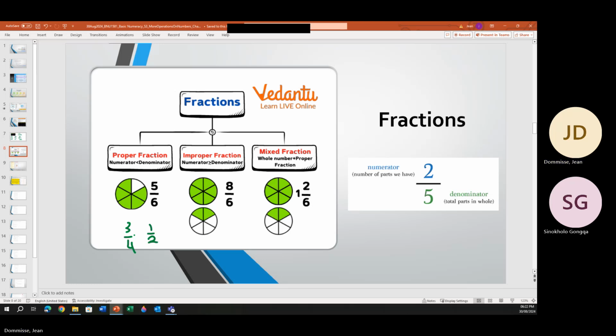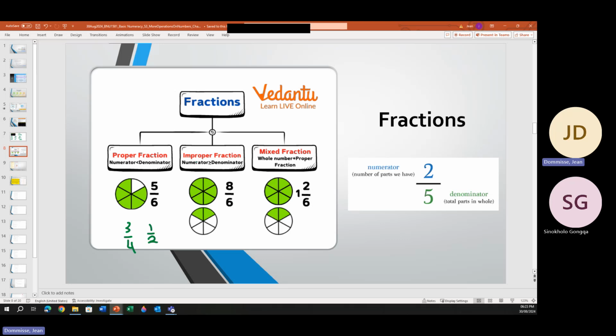And how I remember it, nearly, is that a proper fraction is how I like to call it a normal fraction. It is a smaller number at the top, a bigger number at the bottom, and it is one fraction. An improper fraction is when your number at the top is bigger than your number at the bottom, so that there is more than one, nearly.